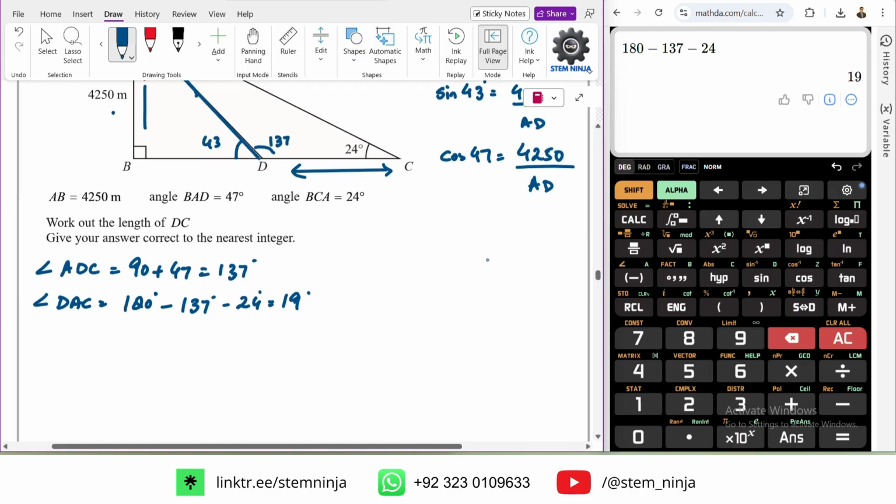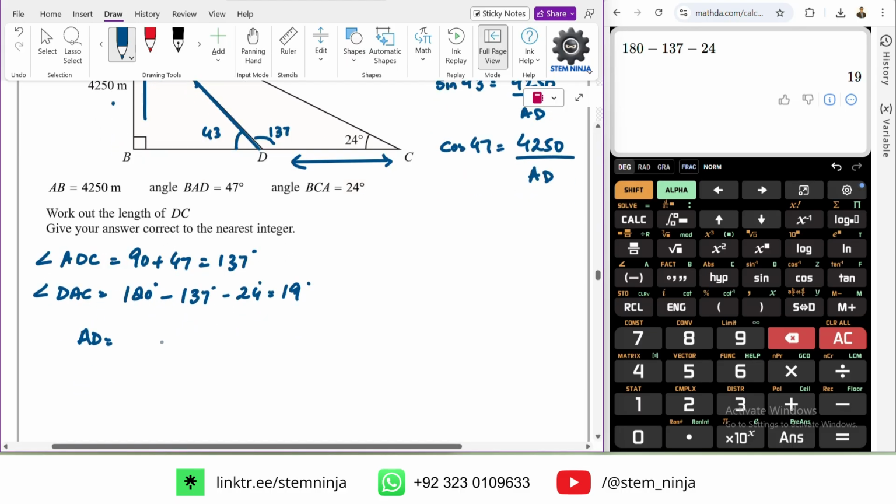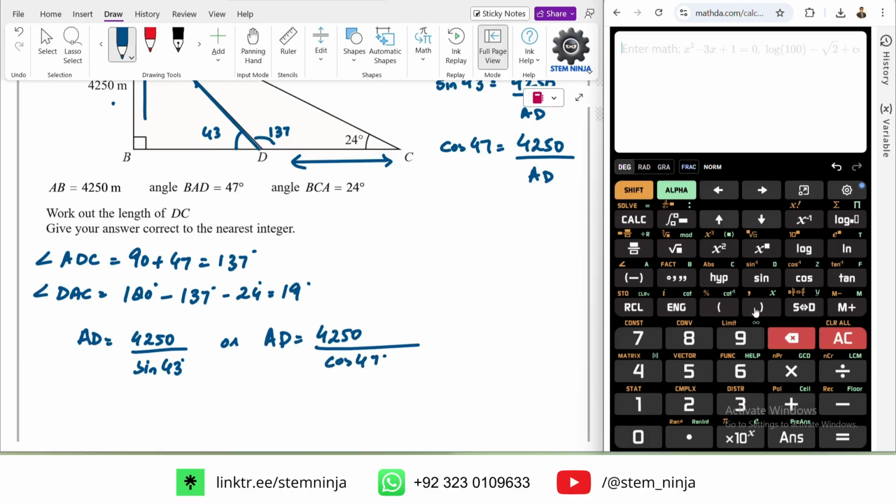Either way you will get the same answer. So AD is equal to 4250 divided by sine of 43 degrees, or AD is equal to 4250 divided by cos of 47 degrees. I will show you that this would be correct either way.